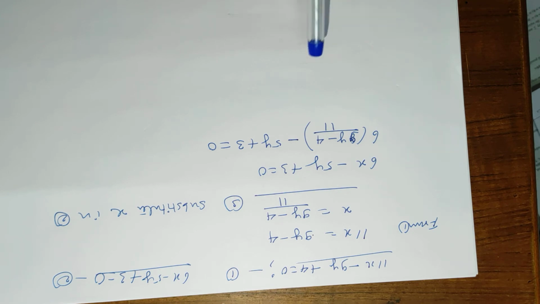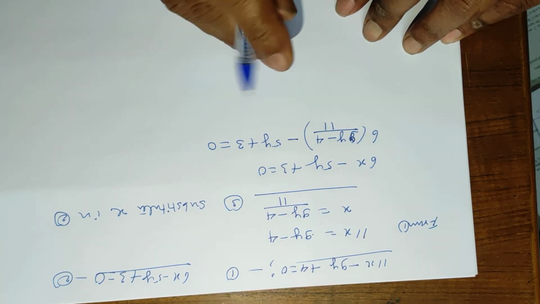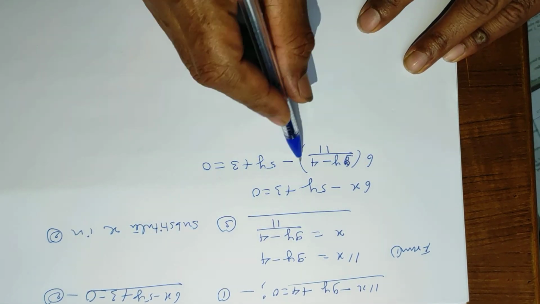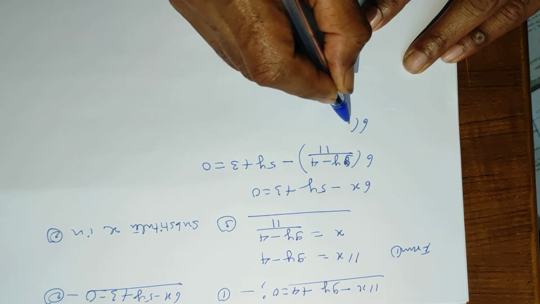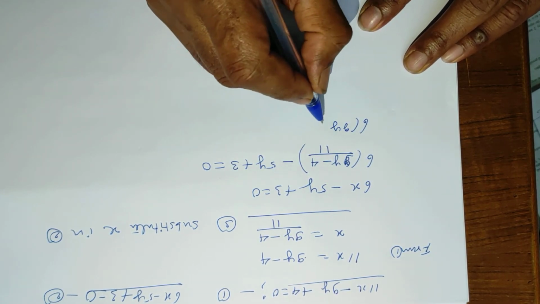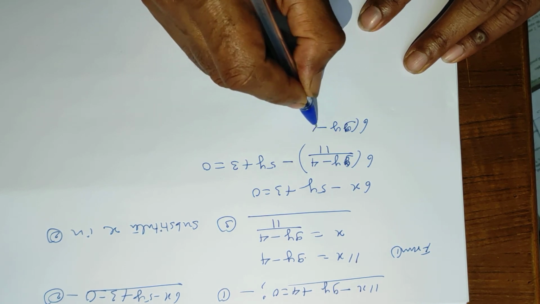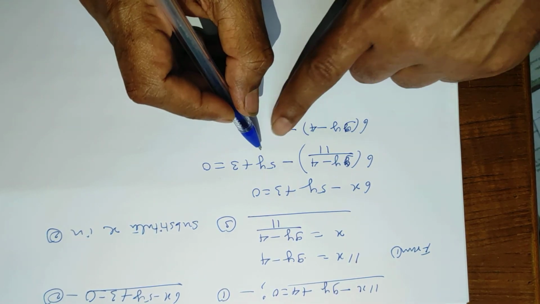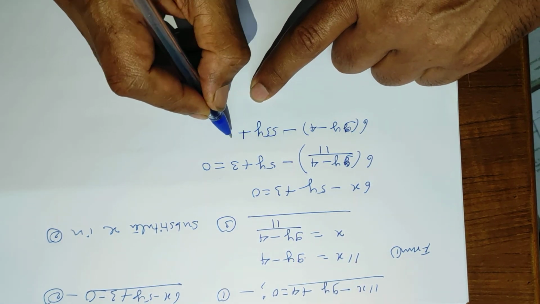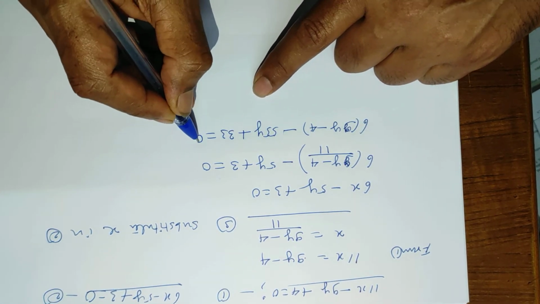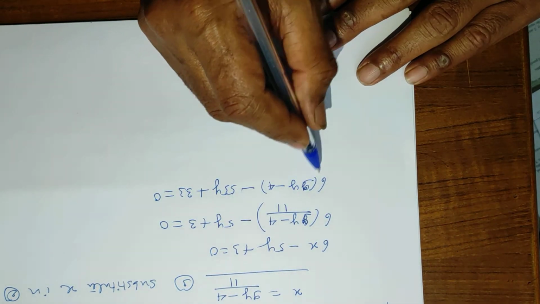Here once again multiply the whole equation by 11. So in the first case, 11 gets cancelled. 6 into 9y minus 4. When we multiply this by 11, it becomes 55y plus 33 is equal to 0.